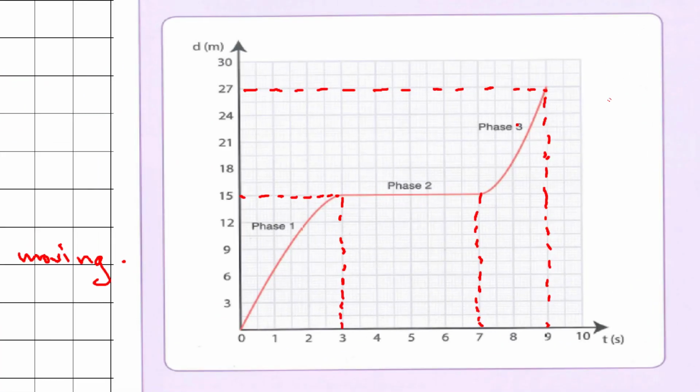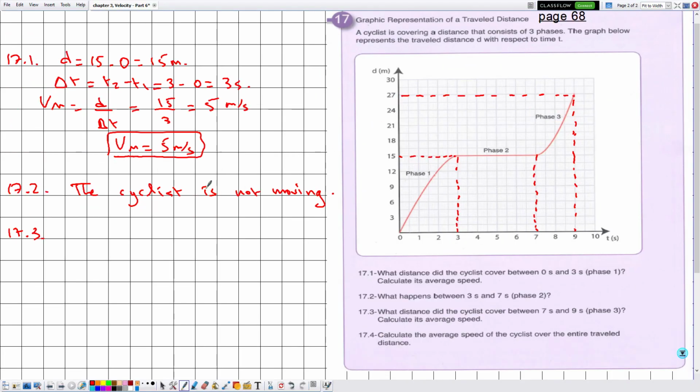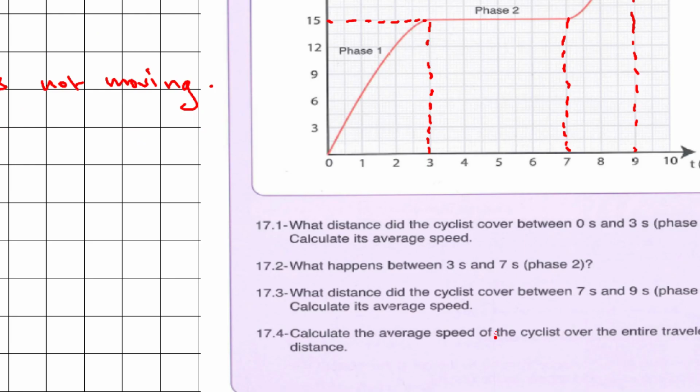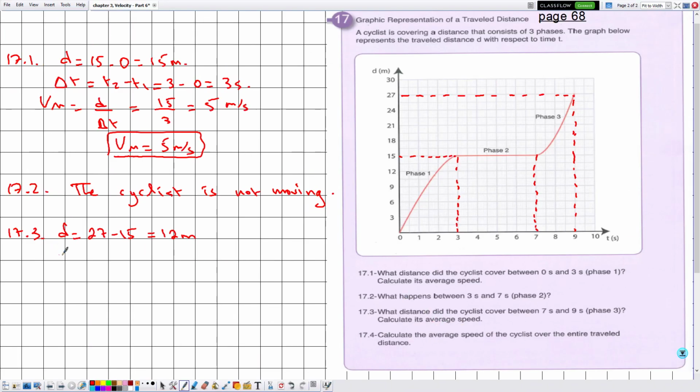So the distance covered in phase 3: he covered from 15 to 27 meters, so d is equal to 27 minus 15, which is equal to 12 meters. This is the distance covered, and they are telling me to calculate its average speed, which is given by Vm is equal to d divided by delta t, which is equal to 12 divided by the duration.